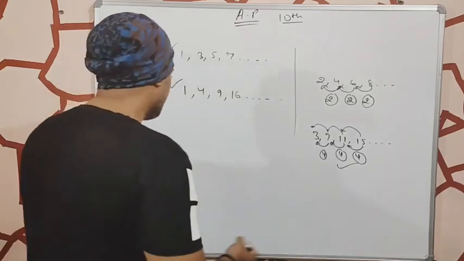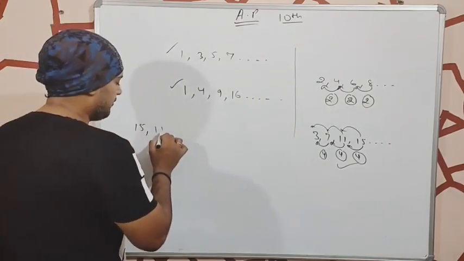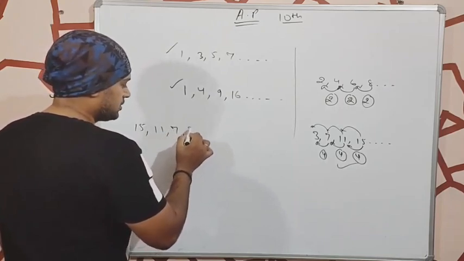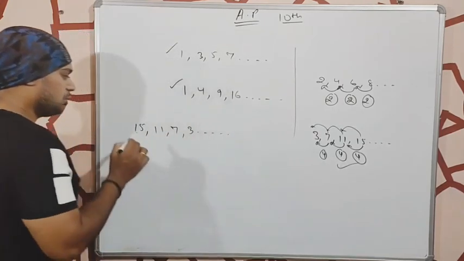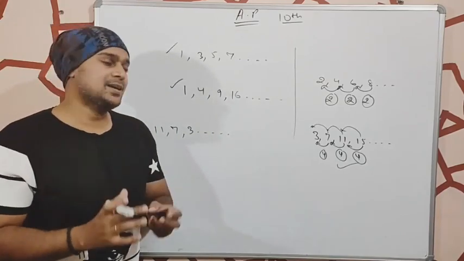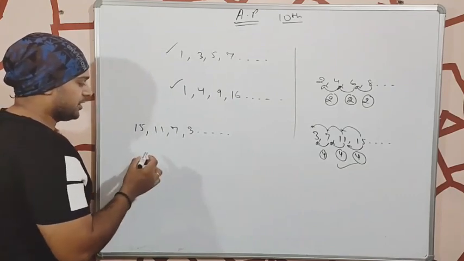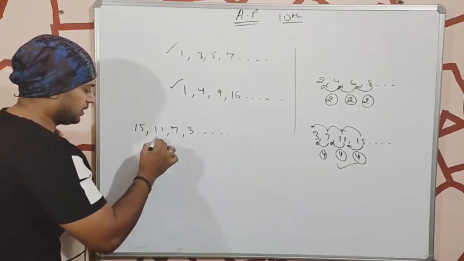Is it clear? Now suppose I take terms this way: 15, 11, 7, 3 and so on. Can anyone in the class tell me whether it's an arithmetic progression? Yes, it's also an arithmetic progression. Let's see what difference the consecutive terms are holding.